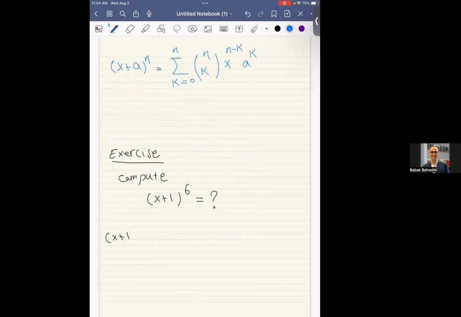Okay, so if a equals 1 in this formula, then (x + 1)^n is the sum of k from 0 to n of n choose k, x to the power n minus k. Because a is just 1, so all powers of 1 are just 1, right?